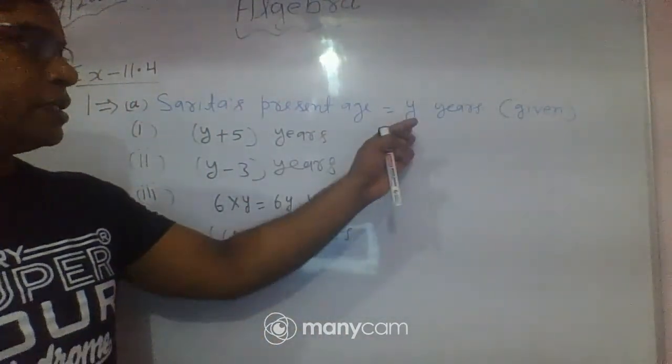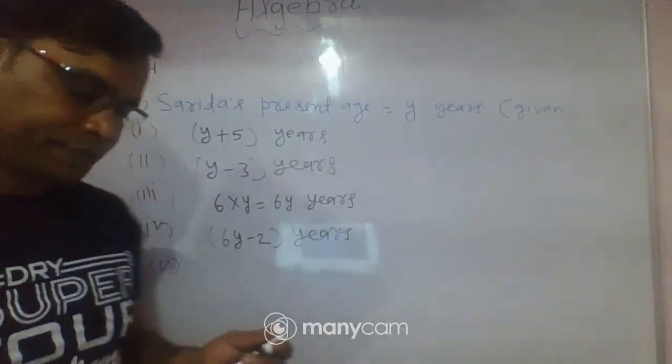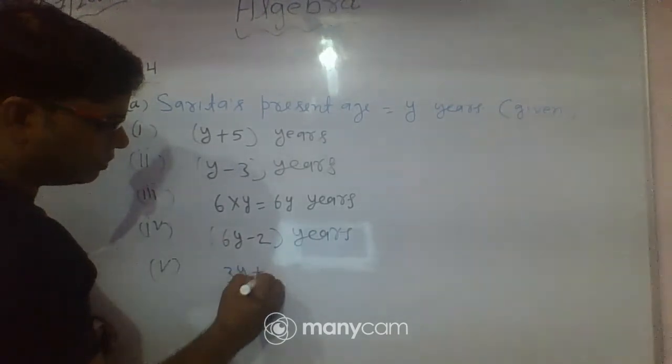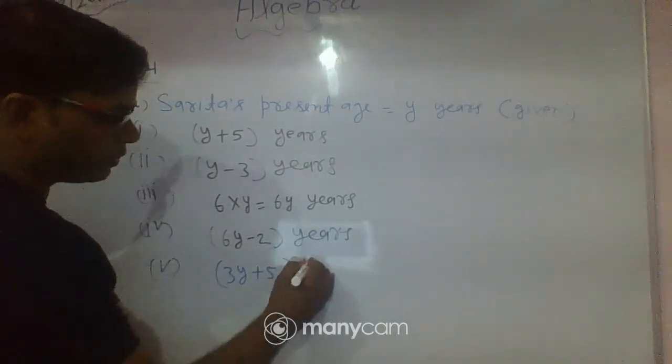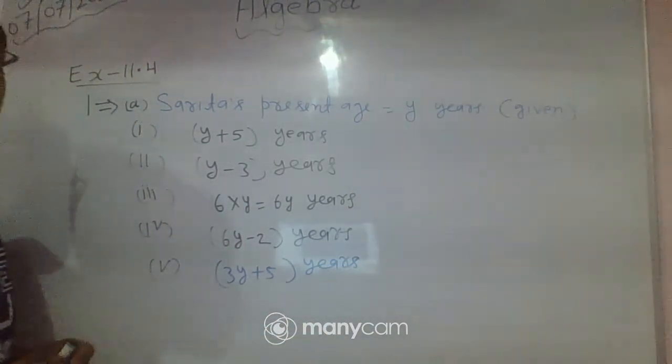Sarita's present age is y. So father's present age is 3y plus 5.